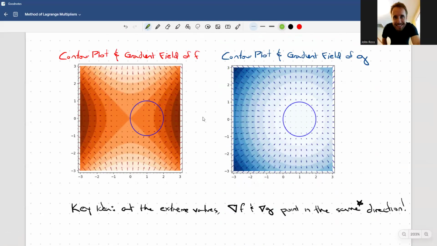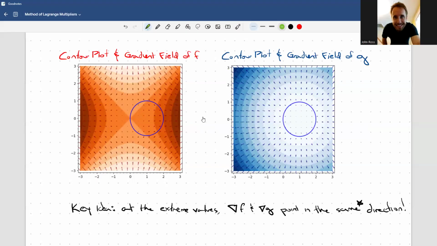To begin this exploration, I want to look at the contour plots and the gradient fields for both f and g. The picture on the left, we saw it up above. This is the contour plot of f, but I've superimposed on top of it the gradient field of f. All these little arrows represent grad f at different points. On the right, I have the contour plot and the gradient field of g.